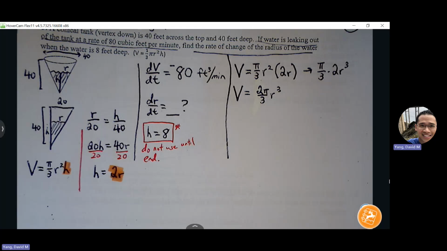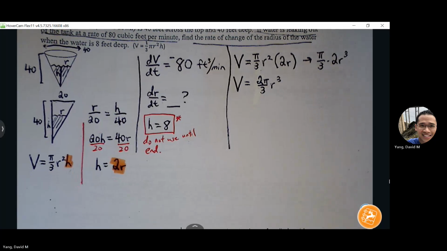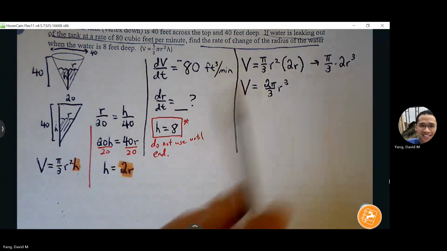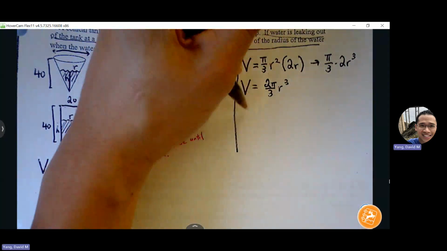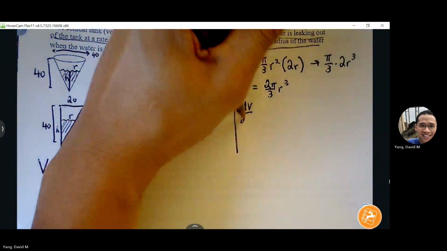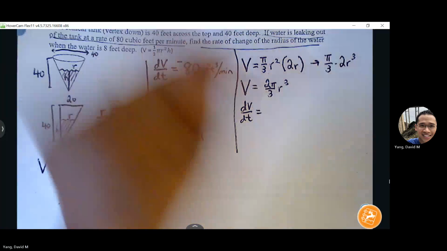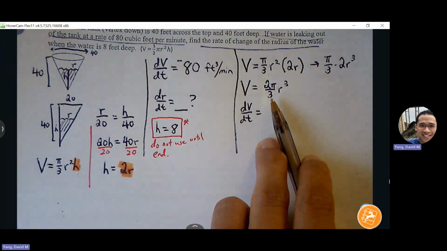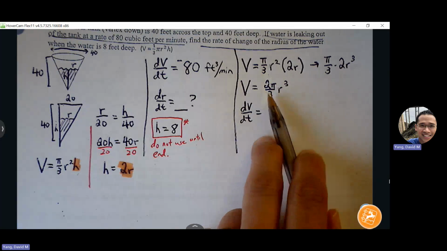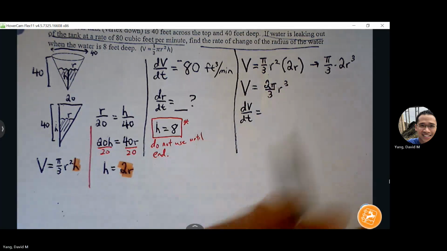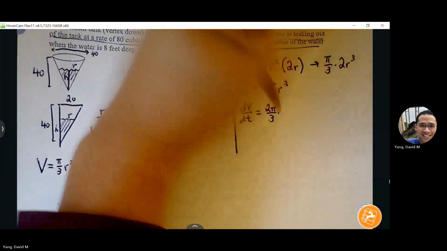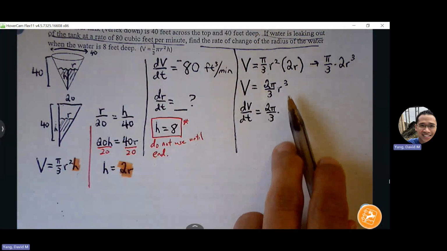Okay, so now let's find the derivative. Every variable gets the time treatment. So what does V become? The derivative of V is dV over dt. Okay, the 2 pi over 3 is just a number, just a coefficient. It's attached to the R, so it's going to stay in the problem. The power rule is with the R cubed.